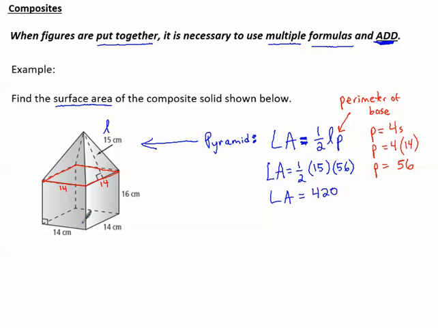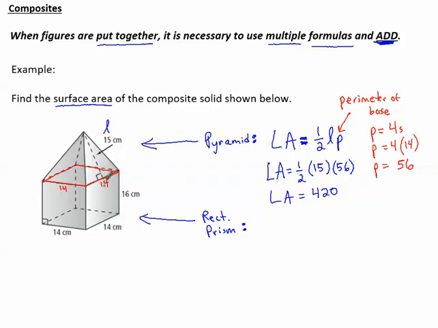Now we want the rectangular prism. Now remember that ultimately we're looking for the surface area, but not all of the surfaces are shown. The top surface is covered by the pyramid, so we don't actually want the surface area formula.